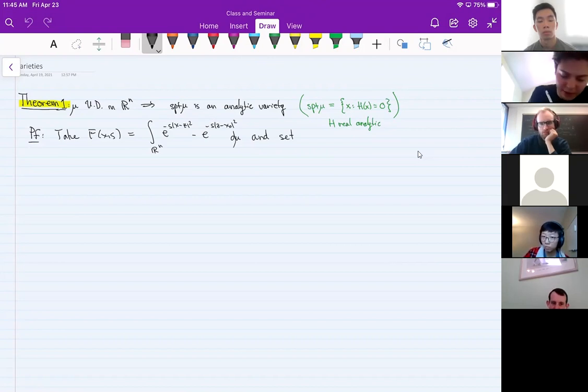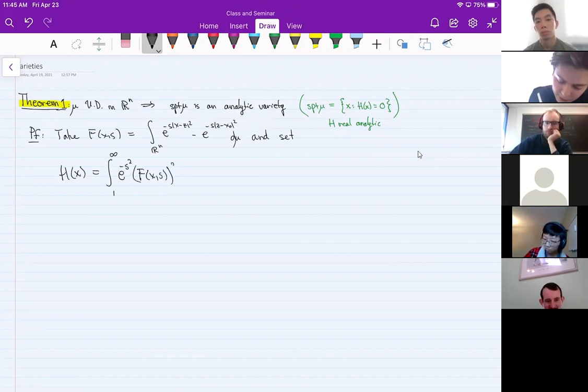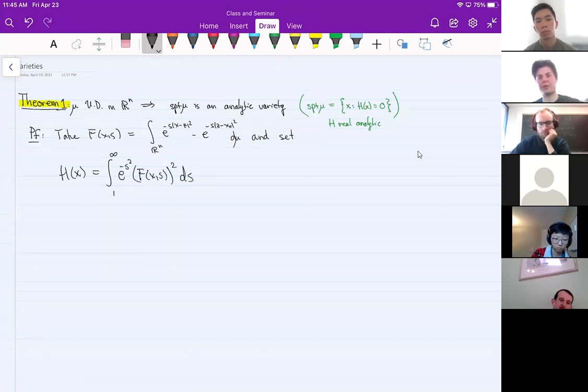Okay, and we're going to set the function h of x to be the integral from 1 to infinity of e to the minus s squared f quantity squared ds.